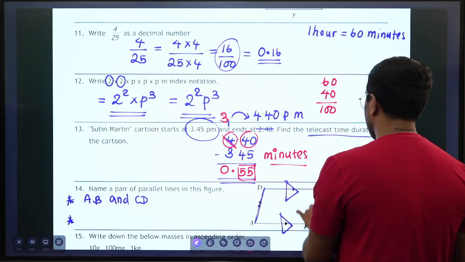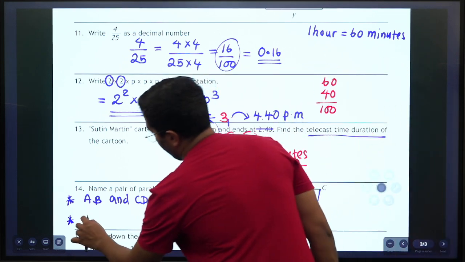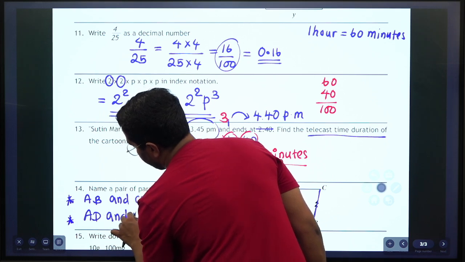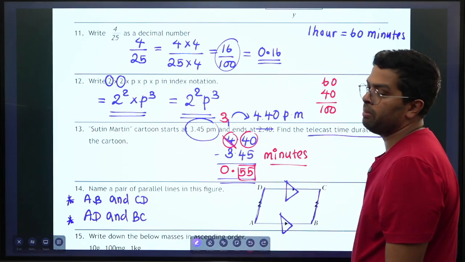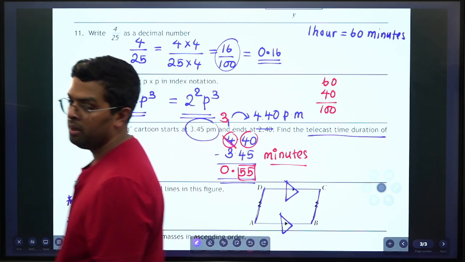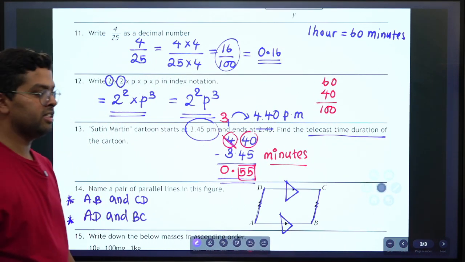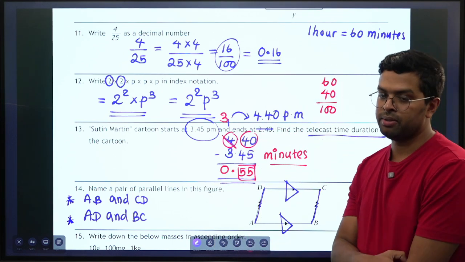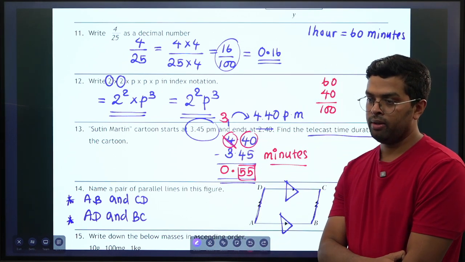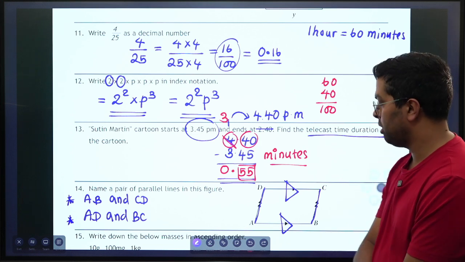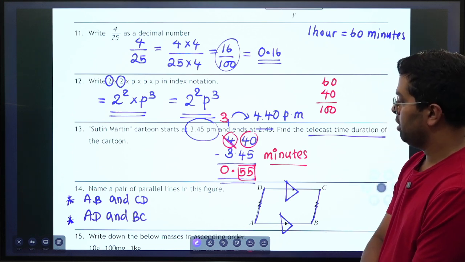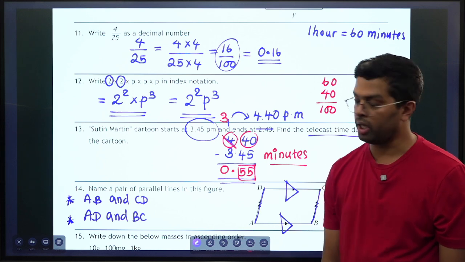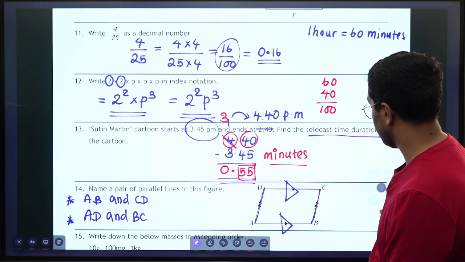AD line segment and BC line segment are parallel again. These two are parallel. All right. That is question number 14. Moving on.